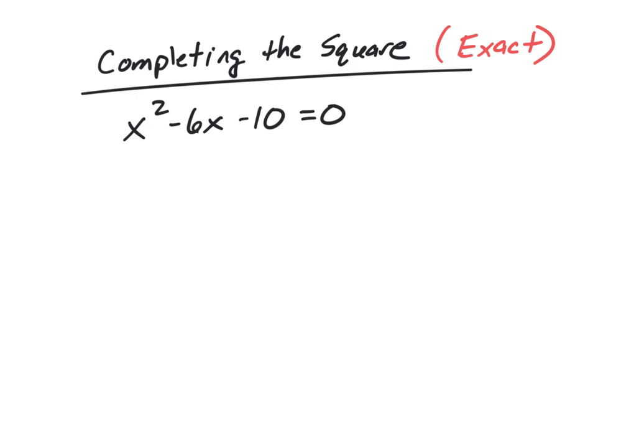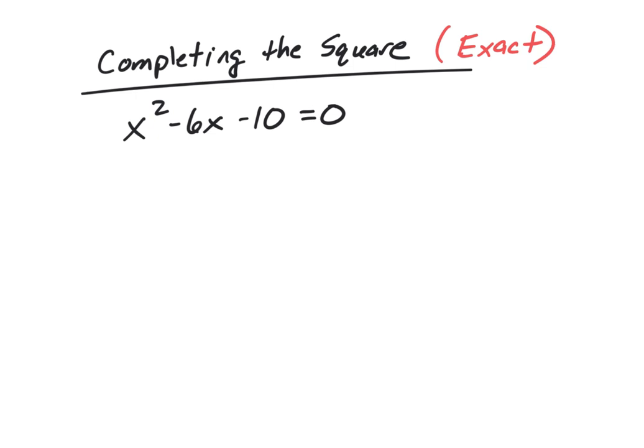And I'm going to graph this one here in just a second and show you that the answer is not going to be an exact solution. It's going to be a decimal when we graph it in our calculator. Okay? So completing the square is one of the methods that we could use to get that exact solution.